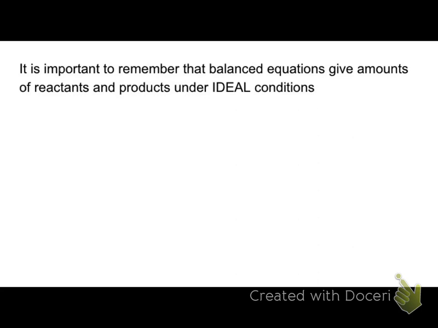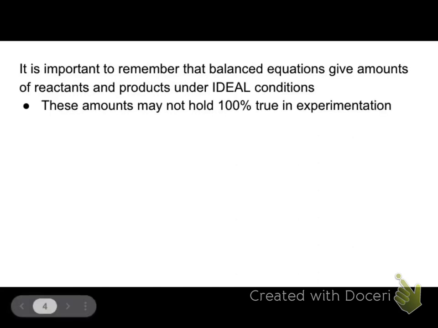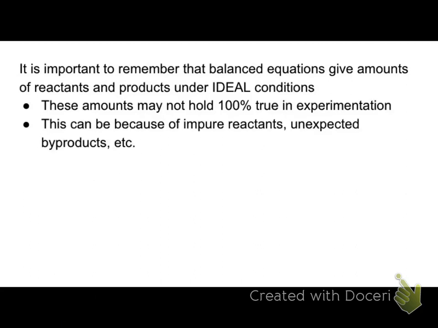But in real life, when you run this in a lab, you will discover that it is not 100% accurate in experimentation, and that's because sometimes the reactants that you start with are not pure reactants, right? So you might have aluminum oxide, but it might be a little bit impure, so there might be other elements in there that you don't know about.